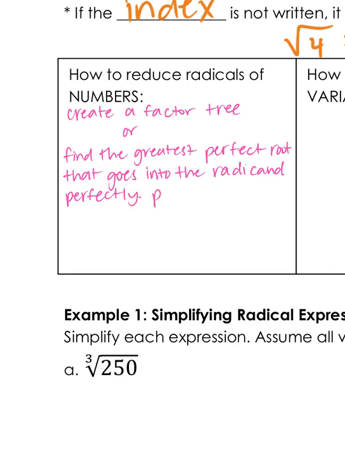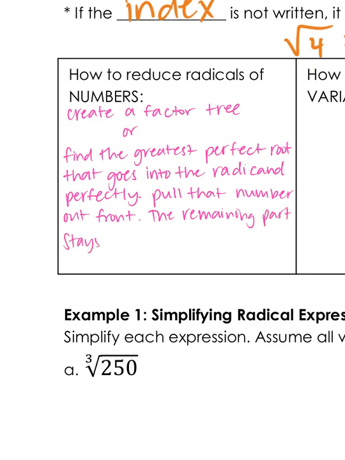Once you find that, you're going to pull that number out front. And then whatever's left, so the remaining part, is going to stay underneath the radical sign.